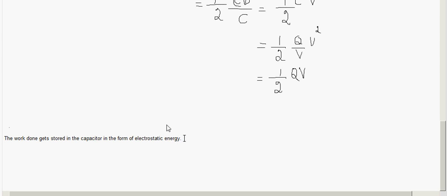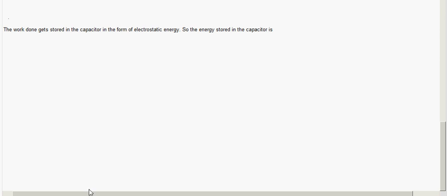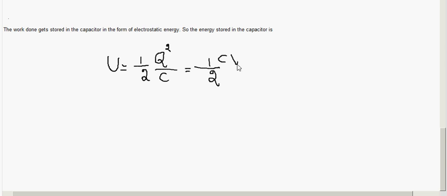So the energy stored in the capacitor, we'll write in different forms: U is equal to half Q square by C, or it is also equal to half CV square, or it is also equal to half QV.